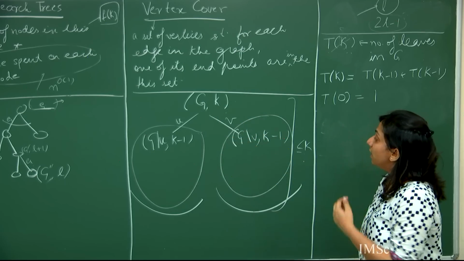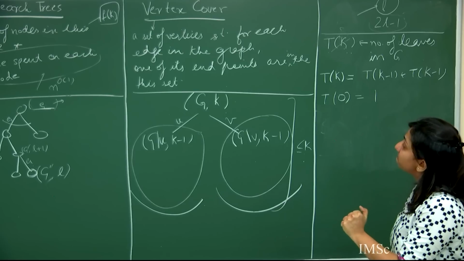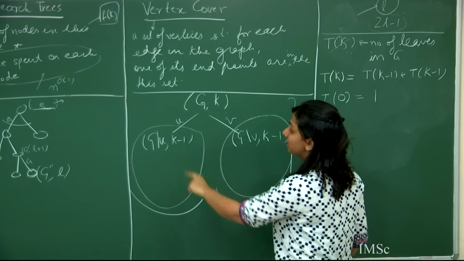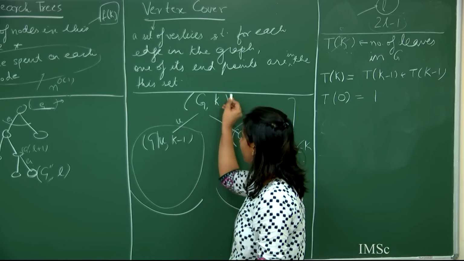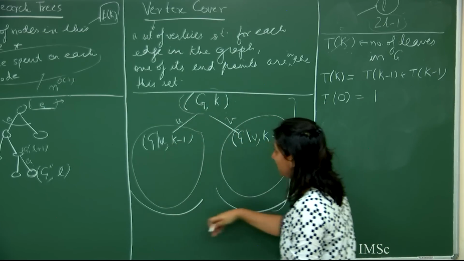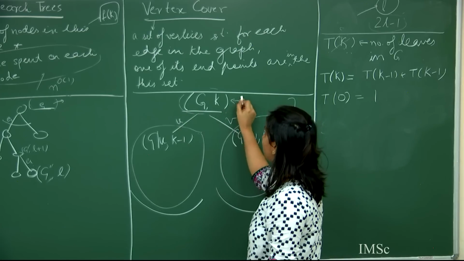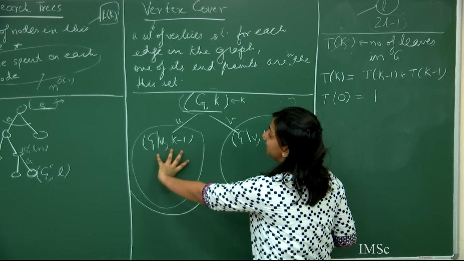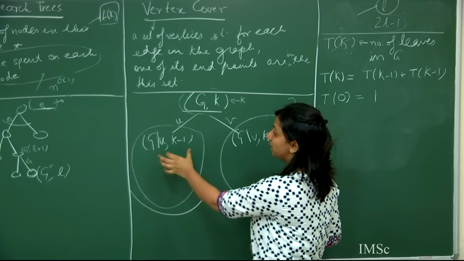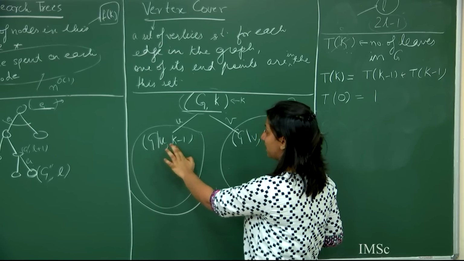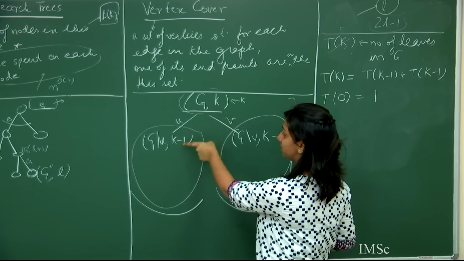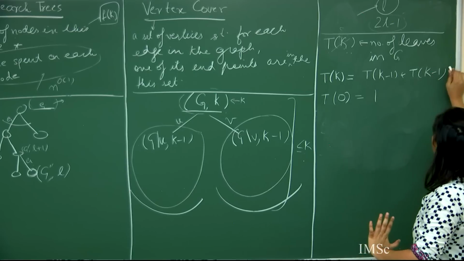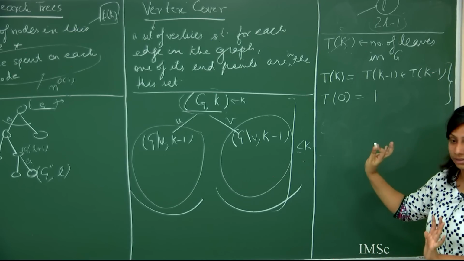Hence, the number of leaves which correspond to this tree, which has a particular measure, say k, can be written as these leaves plus these leaves, and we know that the measure for this instance is strictly less than whatever was the measure here, and the measure here is strictly less than whatever was the measure here. So basically, we can write this recurrence.